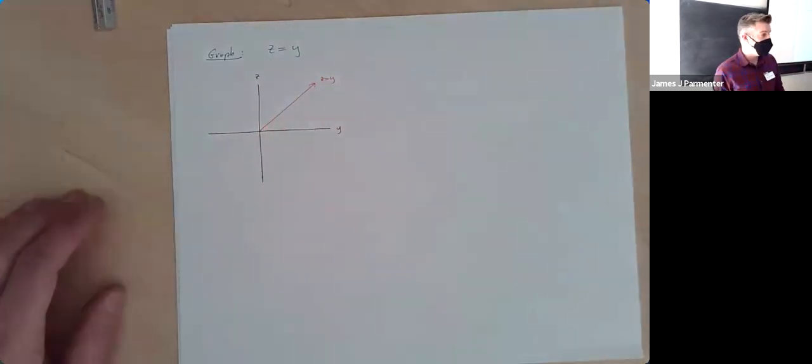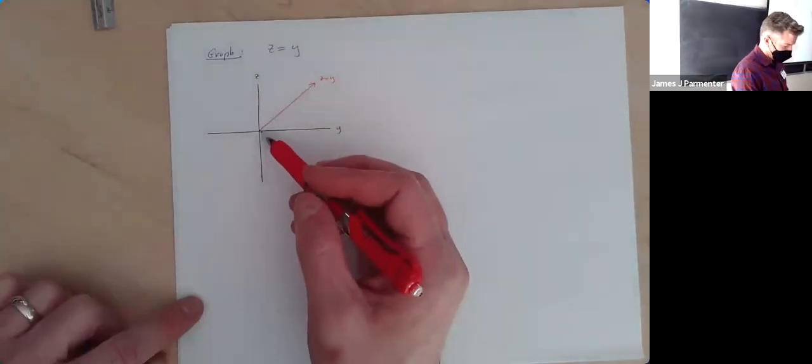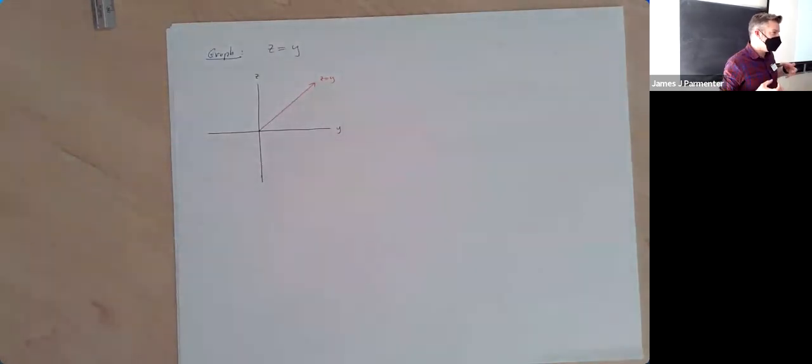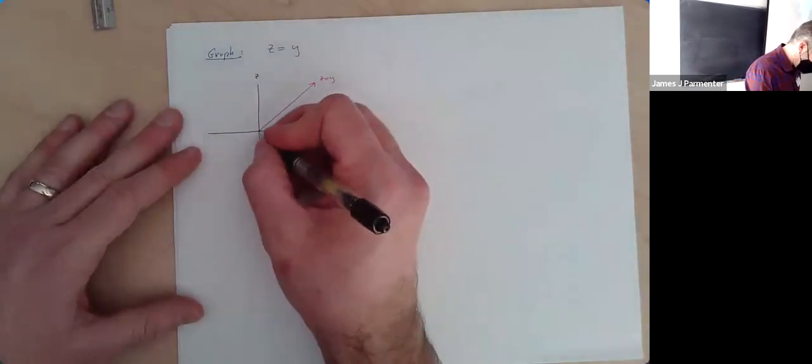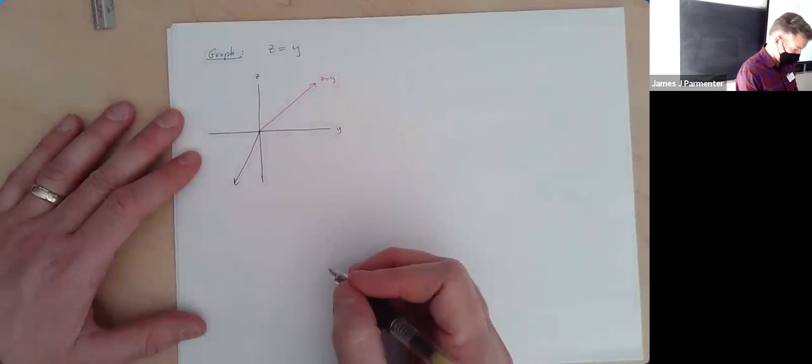Here's the thing I want to avoid: drawing the x-axis in the exact same direction as that, because then trying to extend it in the x direction is going to look really weird. So I'm going to draw my x-axis pointing out at me.